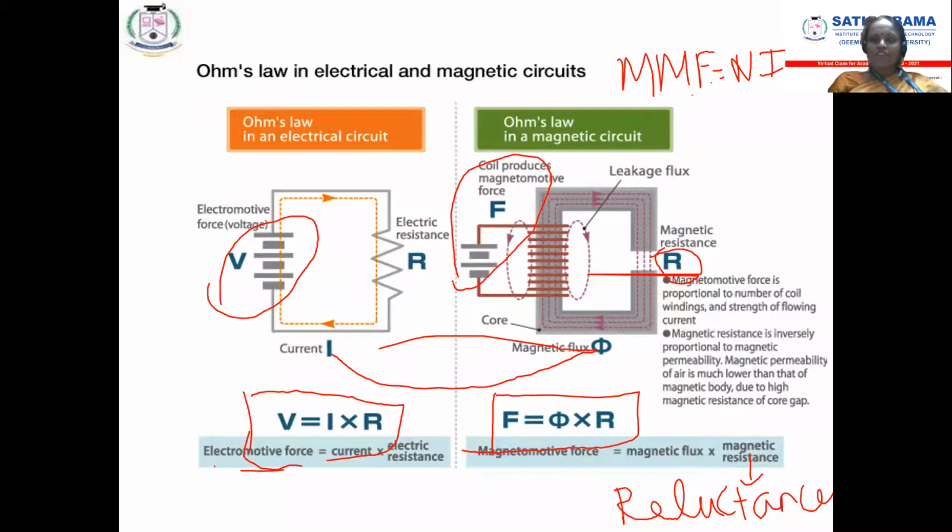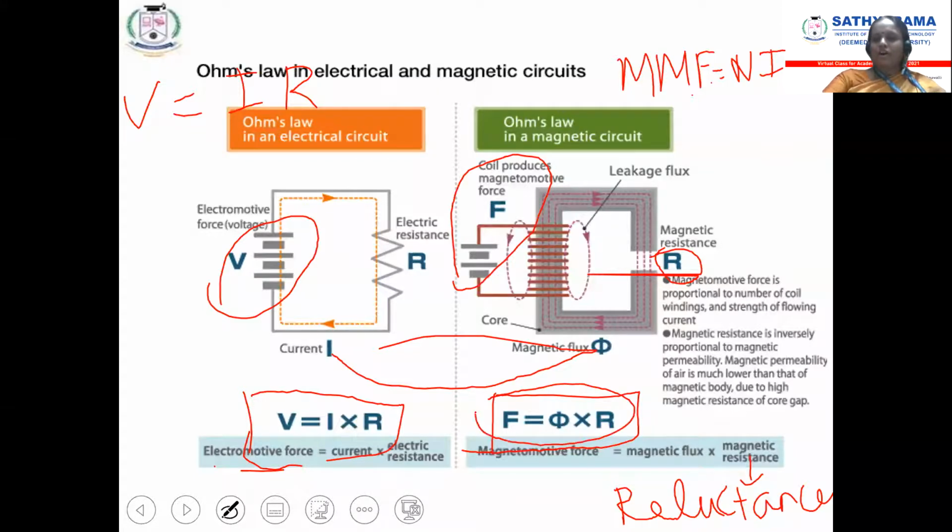That's why I correlated V equal to IR. Now, here MMF equal to flux into reluctance. There it is voltage potential difference, and here magnetomotive force depends upon the number of turns and current flowing through the coil. Are you clear?